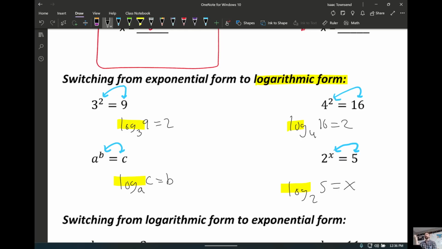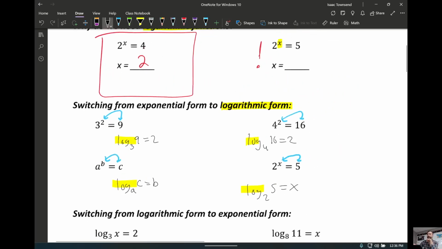Not only does this show up as a skill that they just ask you to do, your ACT apparently still asks that. But this is also a common and easy way to solve exponential equations. So let me go back up to this one. This is in exponential form.